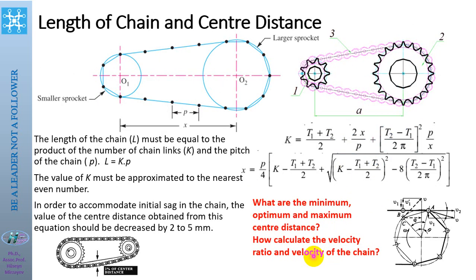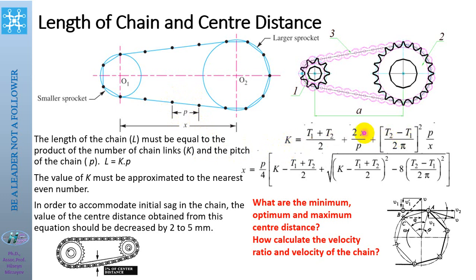The length of the chain, or number of chain links, may be denoted L or K. If the pitch of the chain is given, the length of the chain is equal to the pitch multiplied by the number of chain links, which may be calculated using these equations.